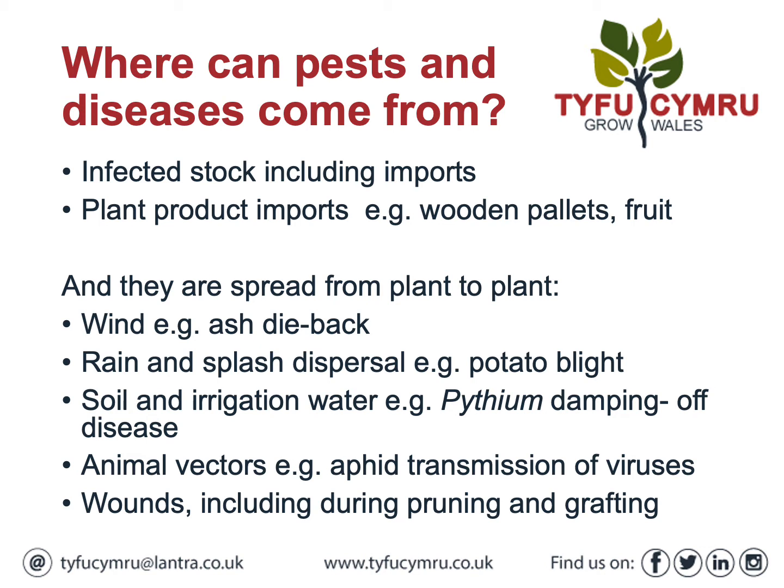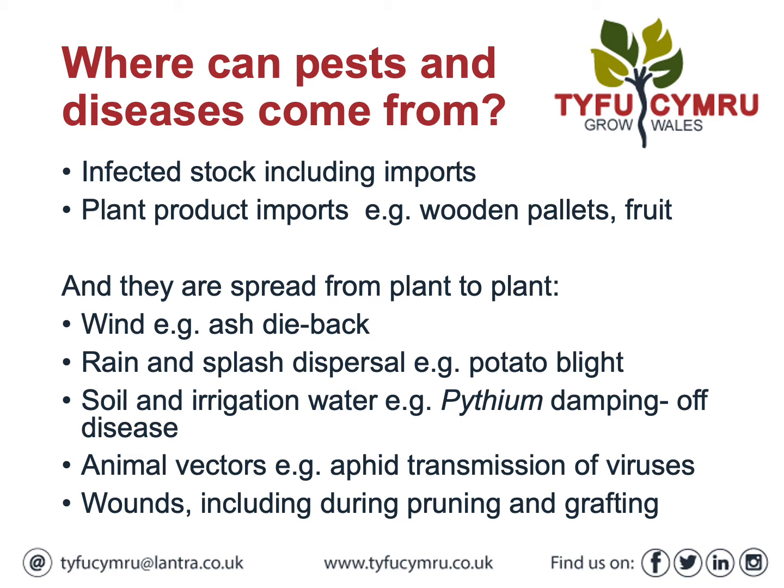Then when the pest or disease is present, they're spread from plant to plant, and that can take place through a variety of mechanisms. So for instance, the wind can spread it. I'll give you an example here of the disease ash dieback, where the spores are spread by wind.